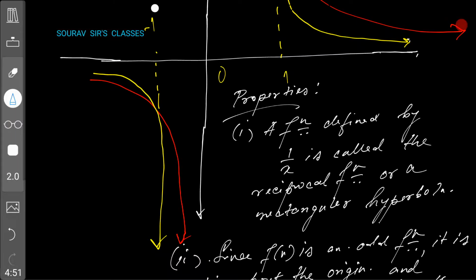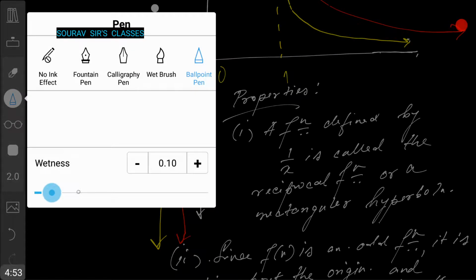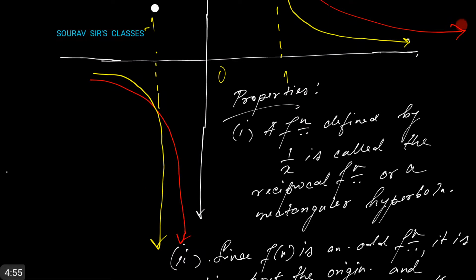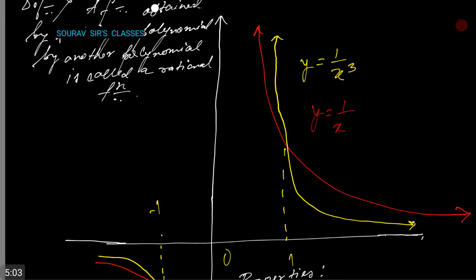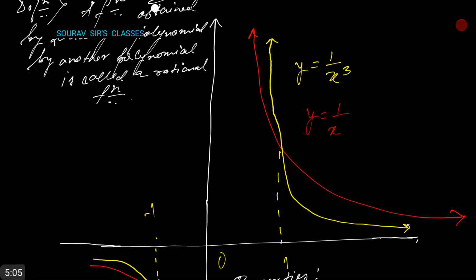Now, as x tends to 0 positive, f of x tends to positive infinity.